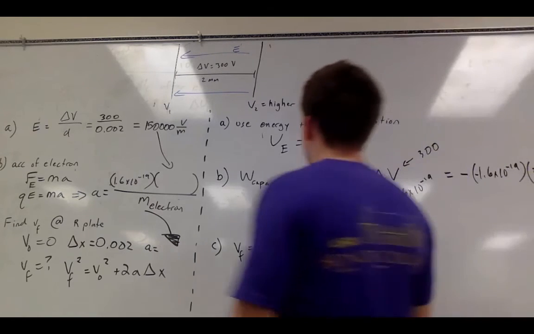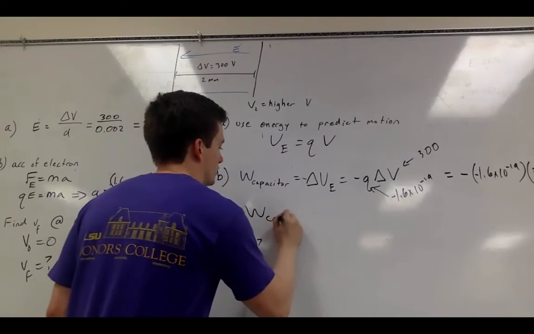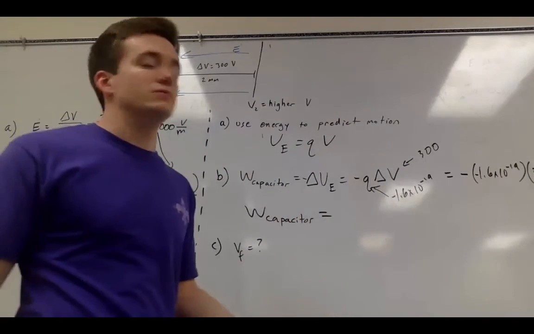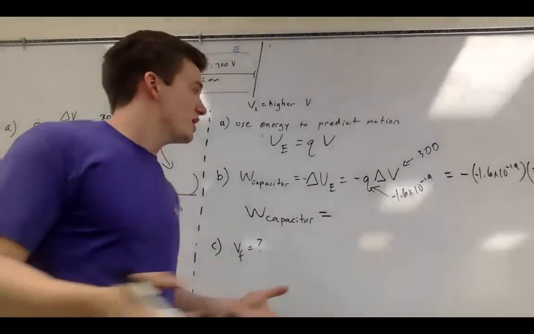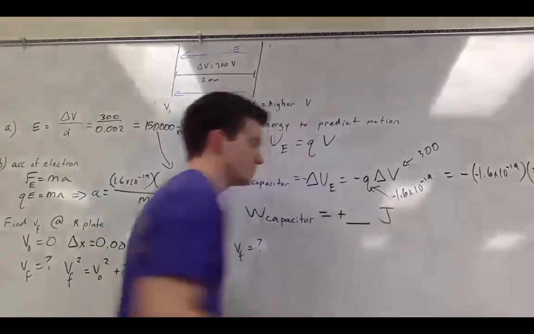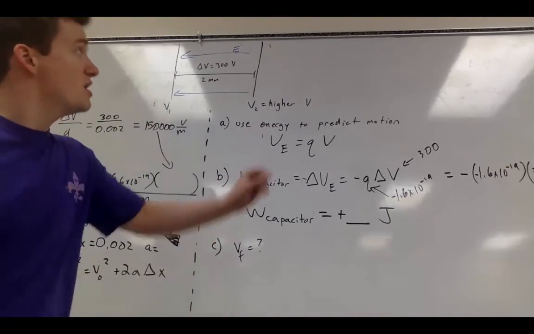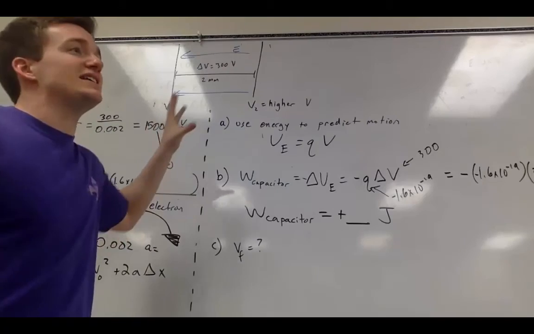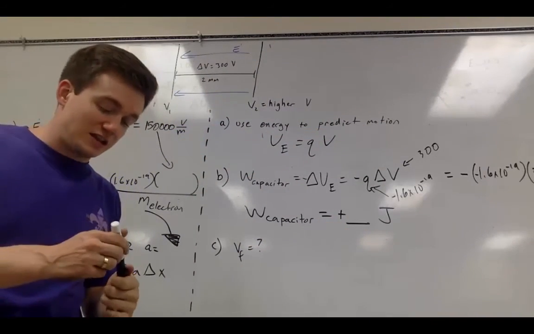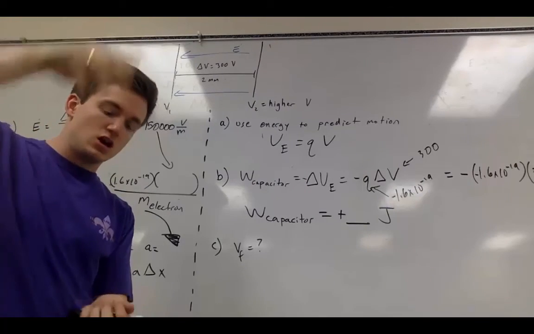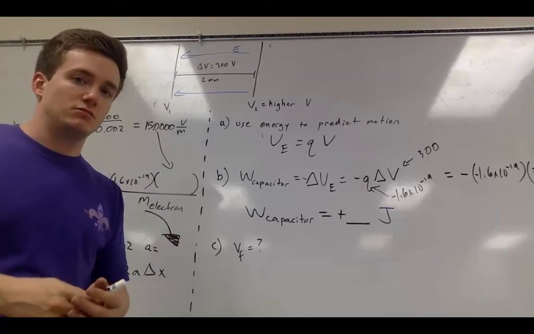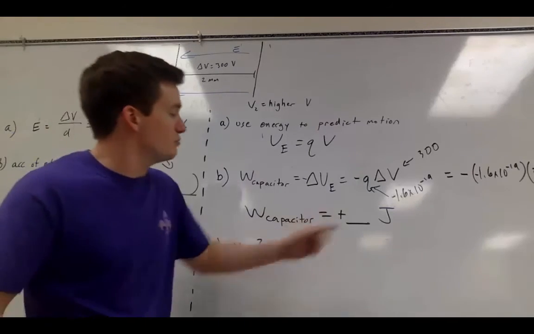And we end up for a work done by the capacitor of some number, again, I'm sorry, but who cares what, that's positive. It's a positive value. The reason it's positive is, remember, like I said, the capacitor is giving kinetic energy to that electron. Just like if I let go of this poor marker that keeps falling, gravity is giving energy to that. Its energy is increasing. It's increasing its kinetic energy, so the work done is positive.